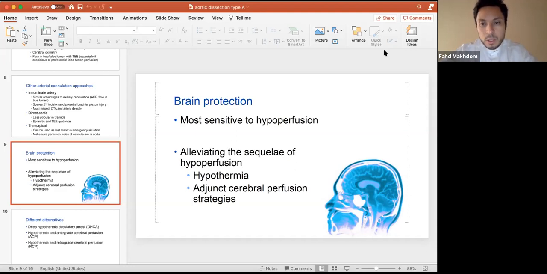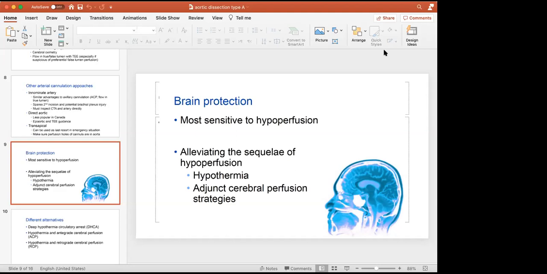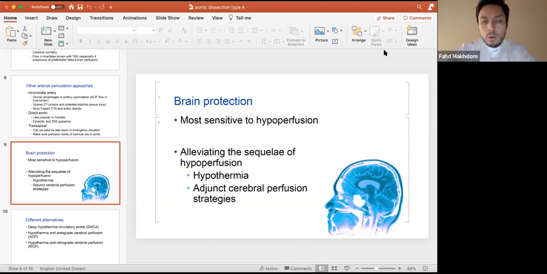حتى لو بديت بالproximal part. You get my point? Even if I start with the proximal part, I don't use the same graft to go all the way to the arch, because in the arch I'll most likely use another size, and to help me with measuring the length as well.